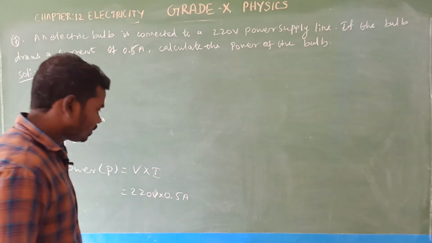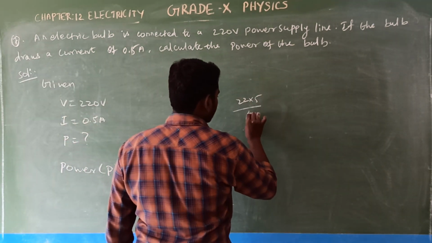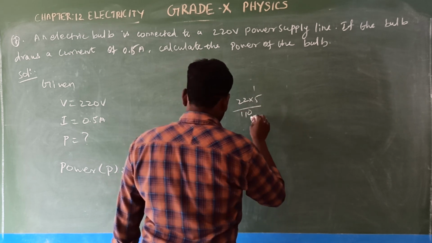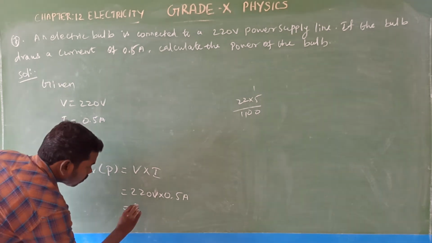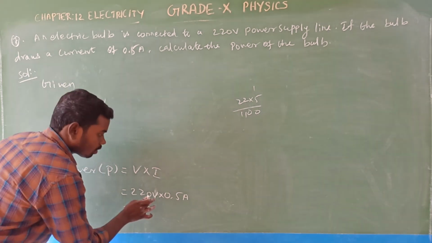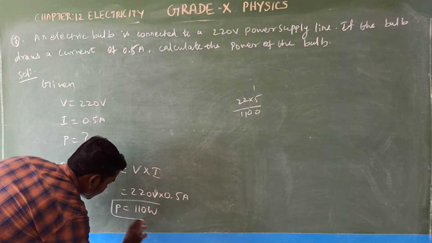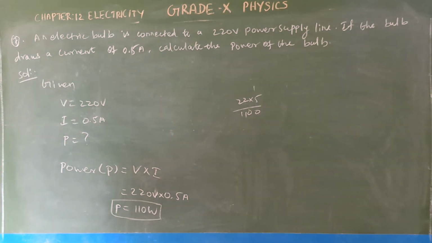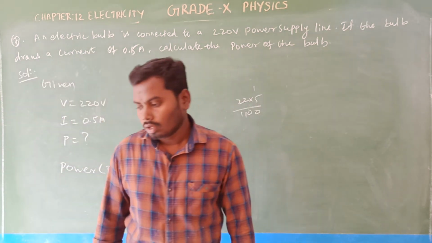Further, multiply both. 22 into 5 is equal to 110. Volt into ampere is equal to watt. So the power value will be 110 watt. Very easy, students.